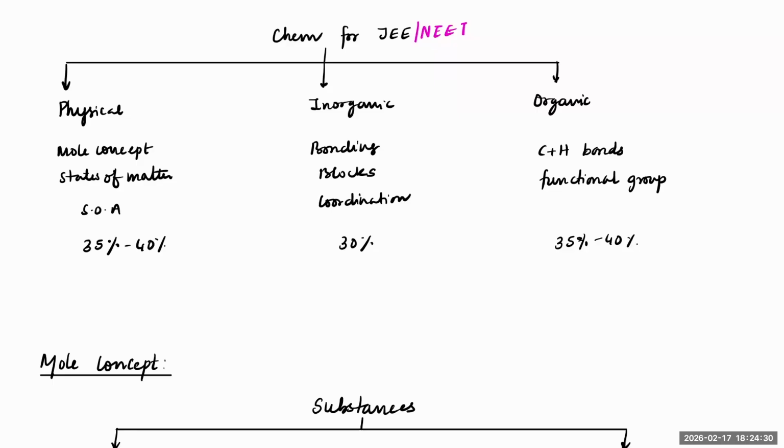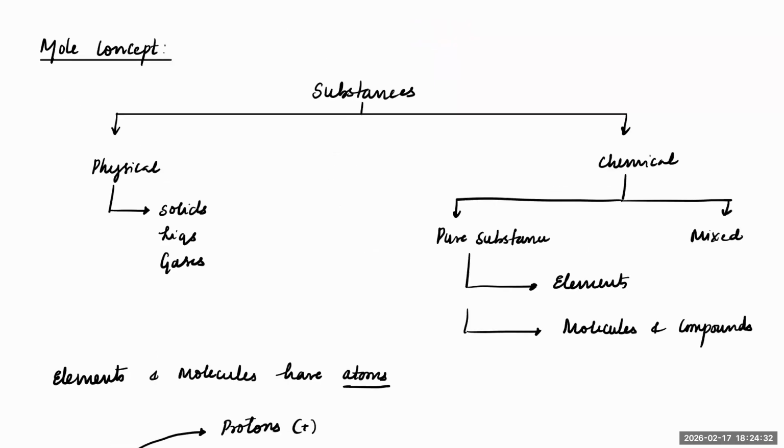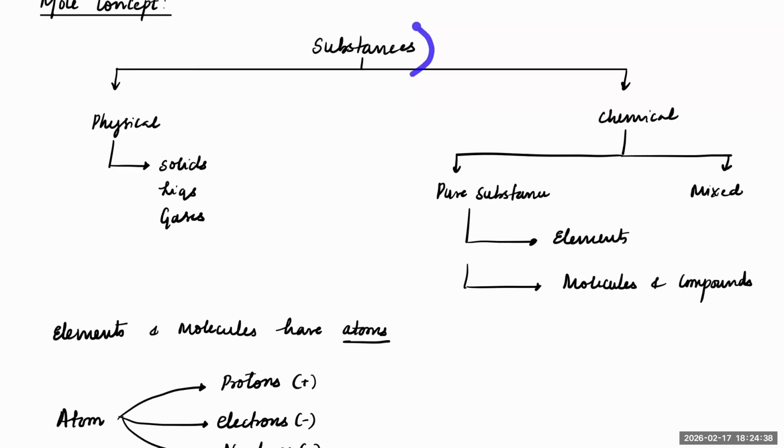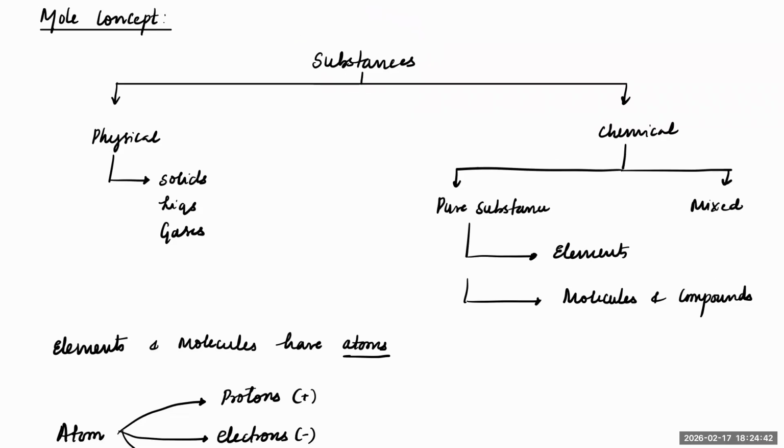Okay. And now, mole concept is a part of physical chemistry. And when it comes to mole concept, the first thing you need to understand is the parts of substances. Whenever we have any particular substance, how do we categorize them? We will say substance can be categorized into two forms.